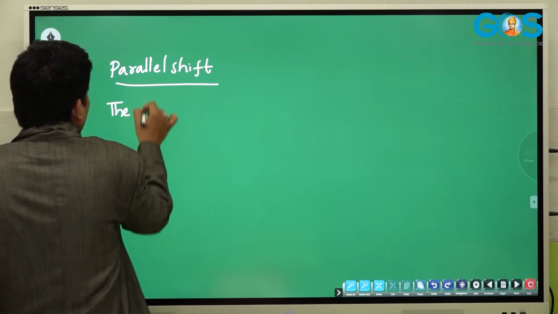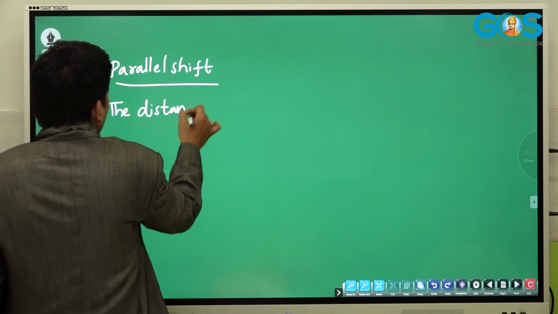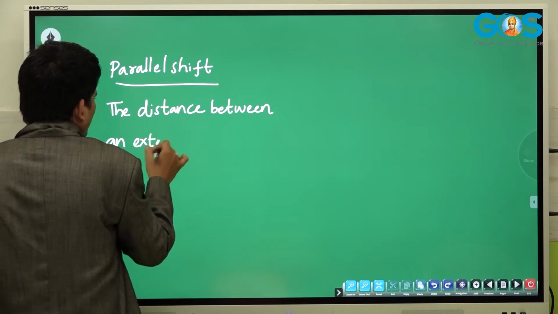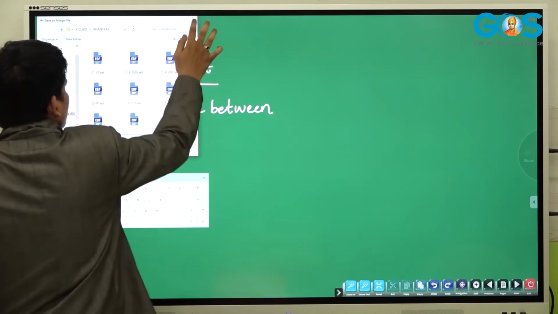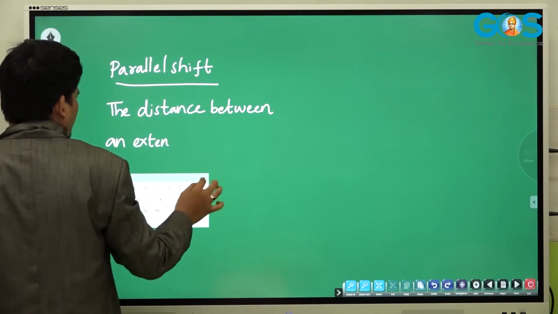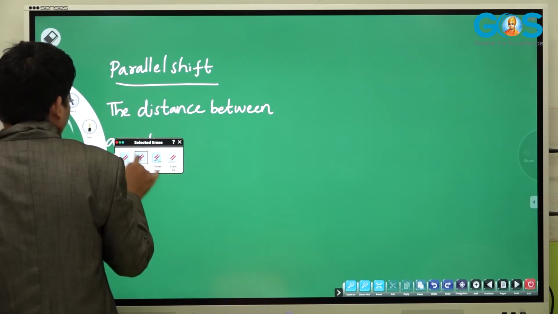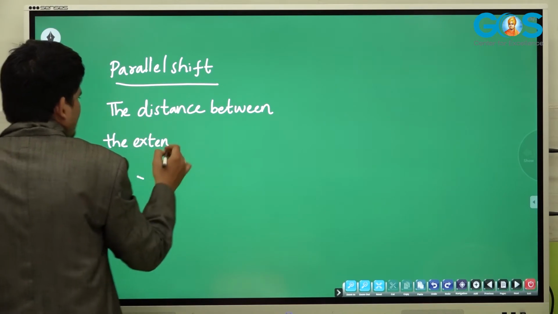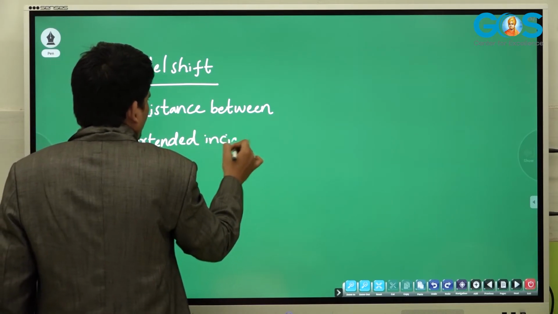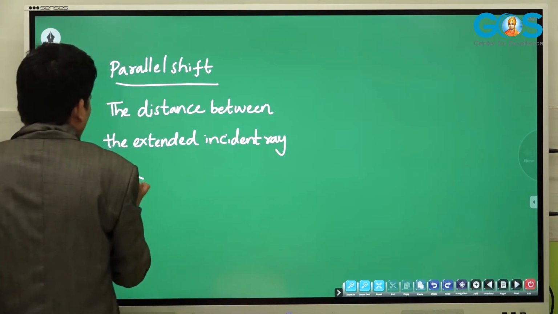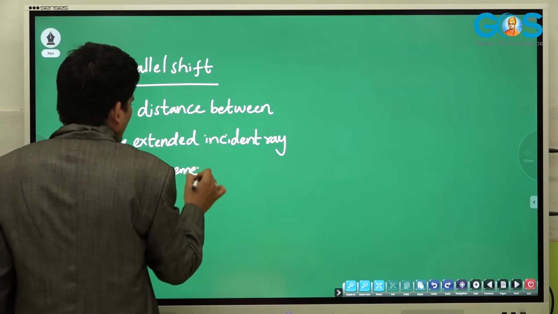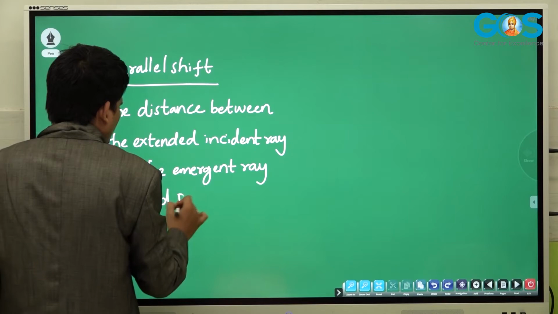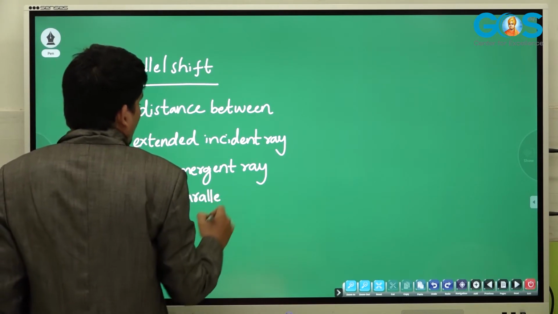The distance between the extended incident ray and the emergent ray is called parallel shift.